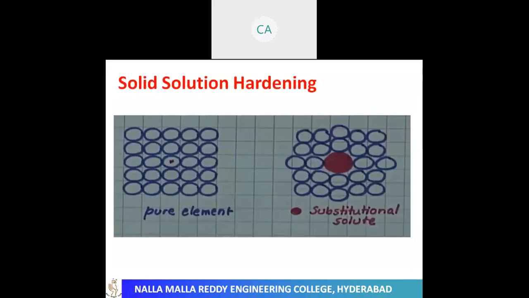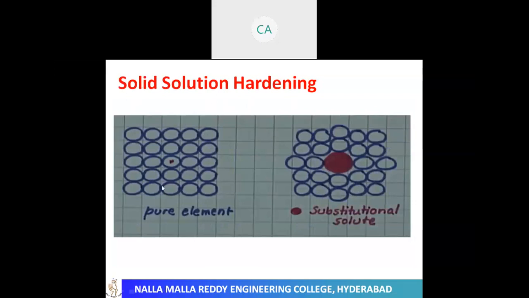Now let us discuss another strengthening mechanism called solid solution hardening. In the last video, we discussed interstitial and substitutional defects. In both kinds, the solid solution is always stronger, with higher yield strength than the pure element.